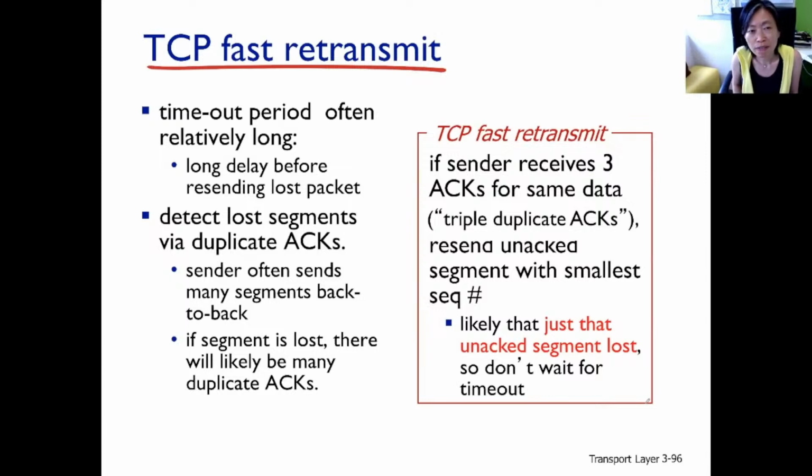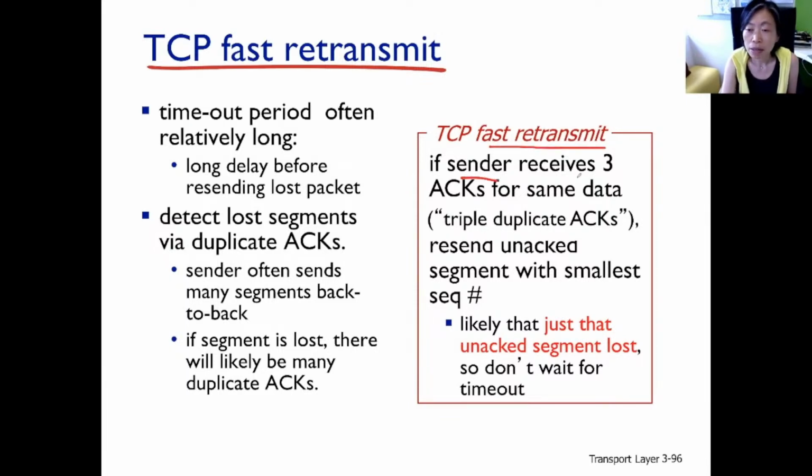And that's why we have the fast retransmission mechanism. If we see multiple duplicate ACKs, when there is a high number of them, then you will probably guess there is a random drop right before the duplicate ACKs, at the first unACKed segment. So that is exactly what TCP fast retransmission is doing.